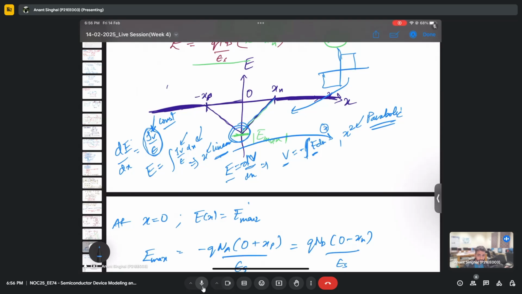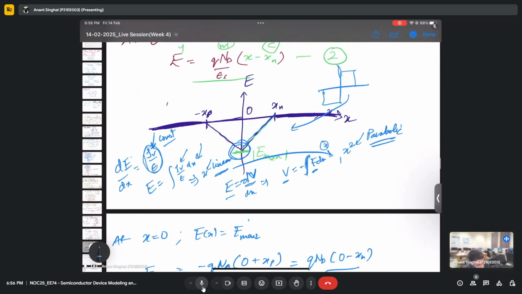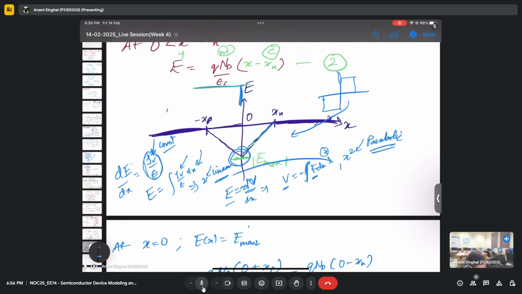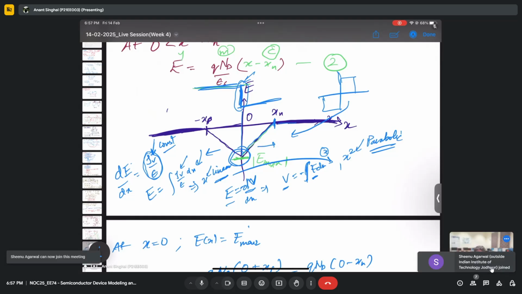It will slowly reduce on both sides, continuously, and ultimately become zero in the bulk. Make sense? Thank you.